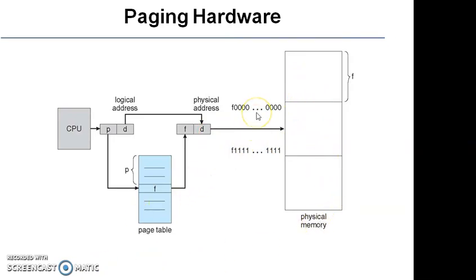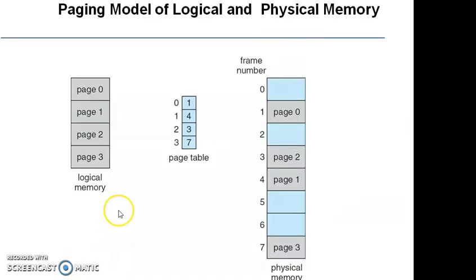Here in the diagram, the F with all zeros indicates the starting address and F with all ones indicates the end address. Paging model of logical and physical memory. For the logical memory containing pages 0, 1, 2, 3, we have the page table here. So 0, 1, 2, 3 are the page numbers P, and the corresponding frame numbers are 1, 4, 3, 7.